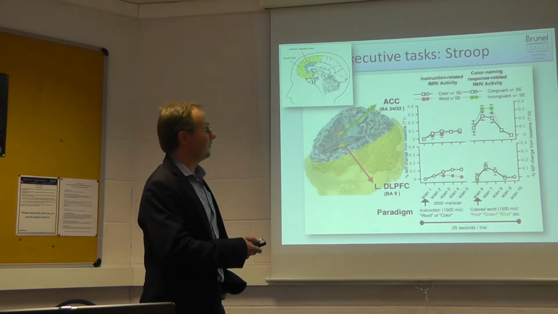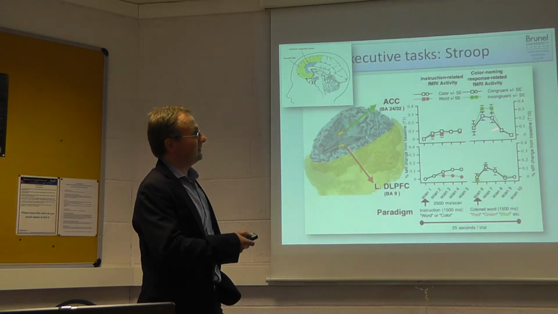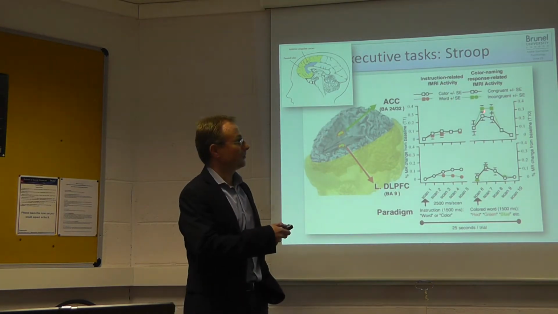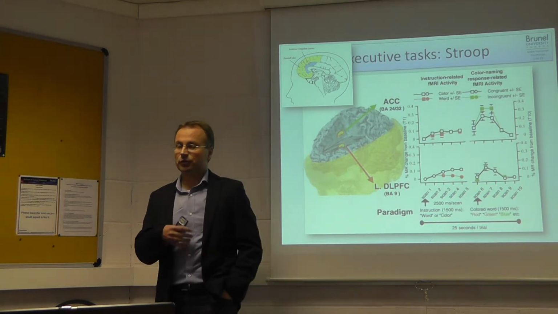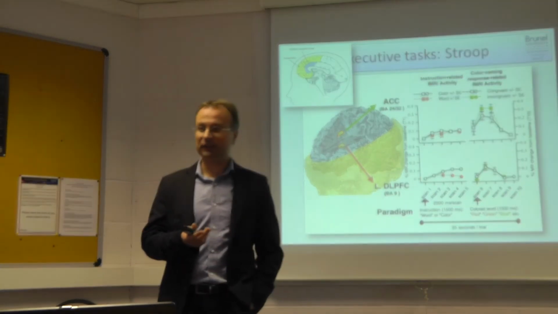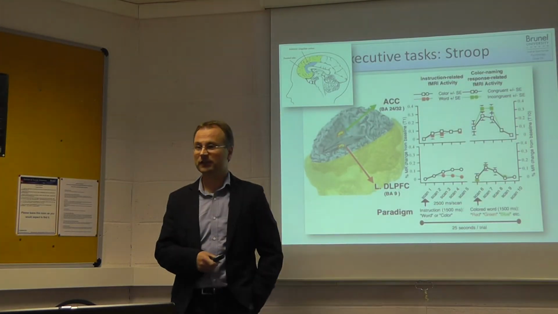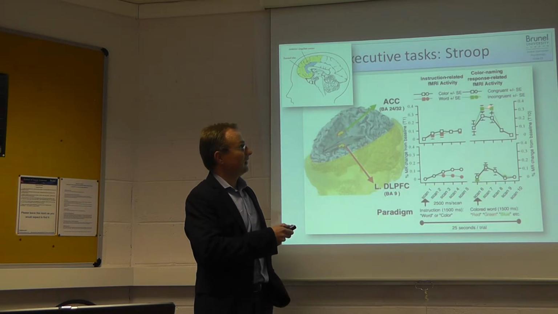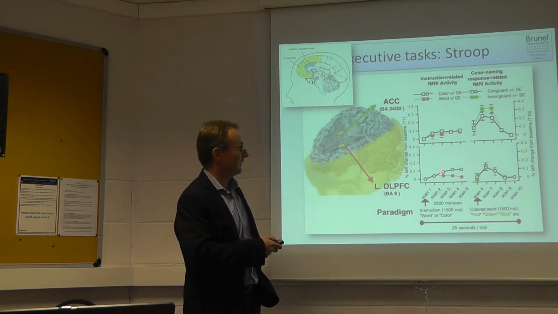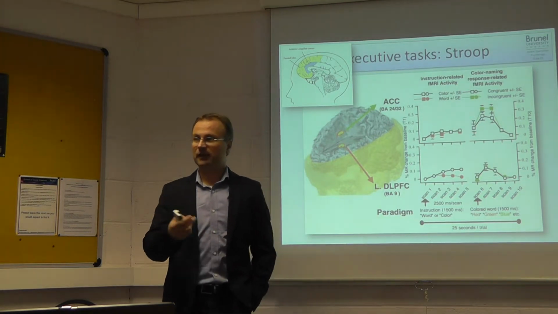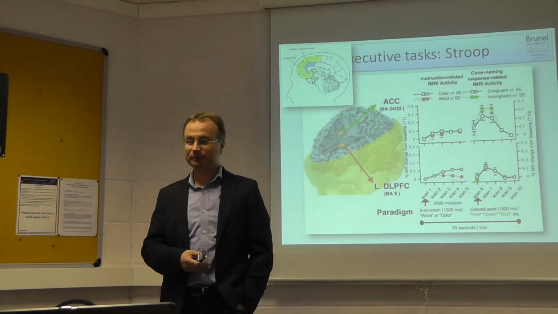So it is assumed that the ACC, anterior cingulate cortex, has some role in monitoring for conflict and signaling, "I have right now detected some conflict." And this signal then may be used for the next try to adjust behavior, to try the lateral prefrontal cortex.